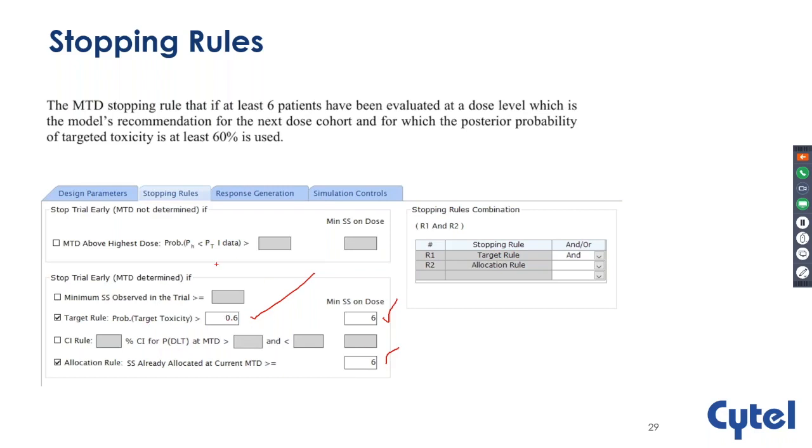And once you select these stopping rules, they're going to be populating this table on the right of the software and will allow you also to prioritize these rules. So this is the setup that we have.